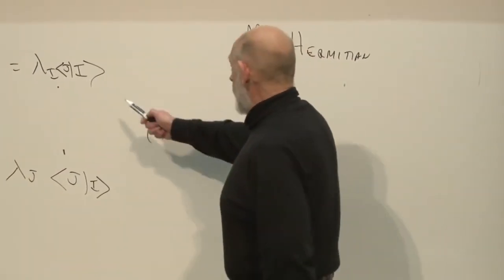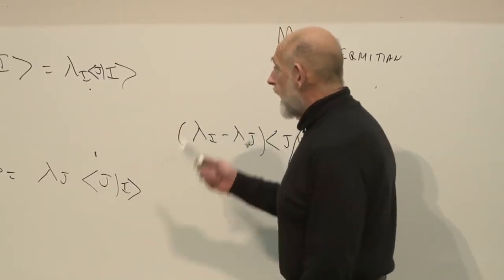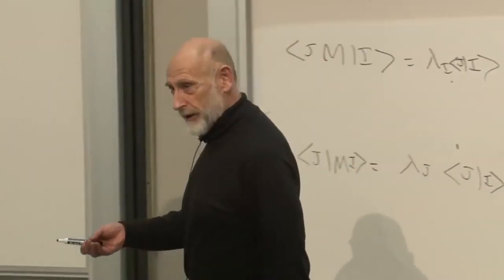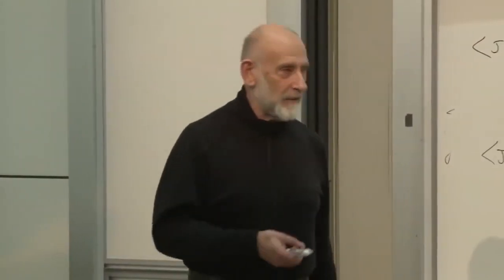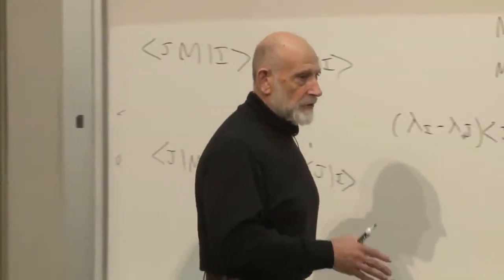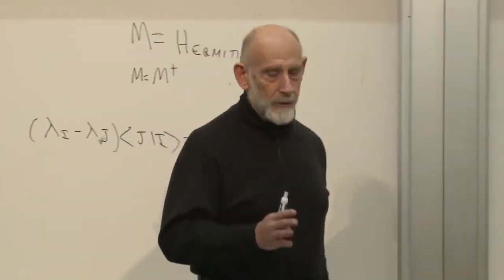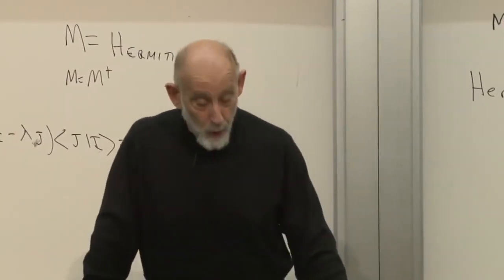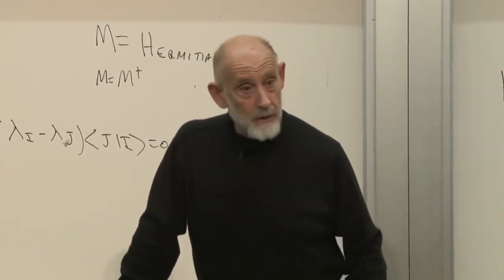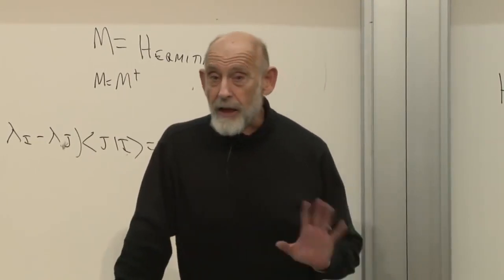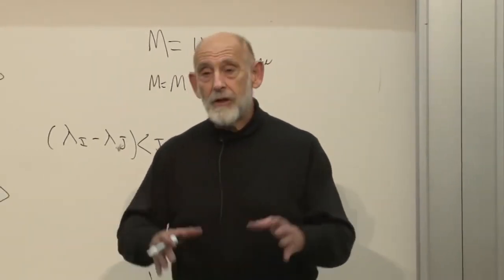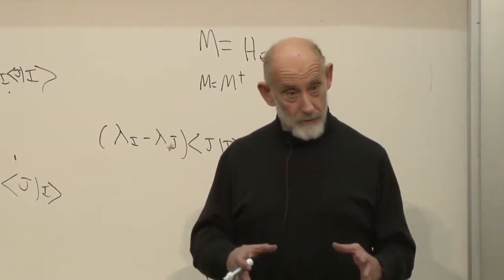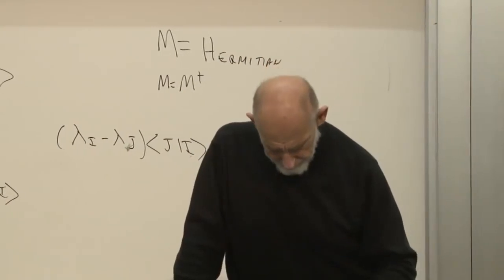In other words, this collection of things called I and J here is a special case of the kind of basis which we labeled with small i and j, but it's the basis of eigenvectors of the Hermitian operator. As I said, Hermitian operators will be identified with observable quantities, and to say that eigenvectors are orthogonal has something or other to do with physical differences that are measurable unambiguously between those states of the system.